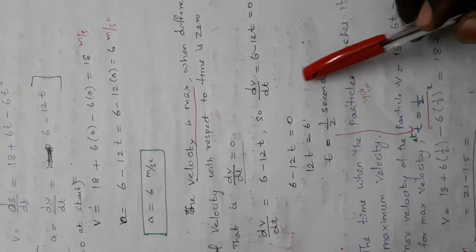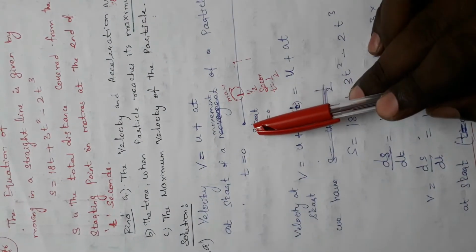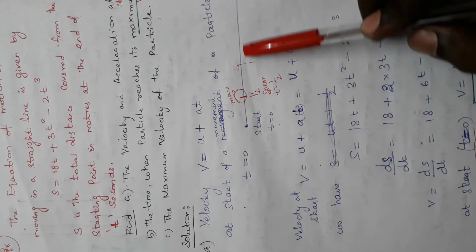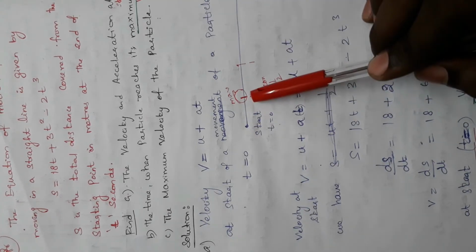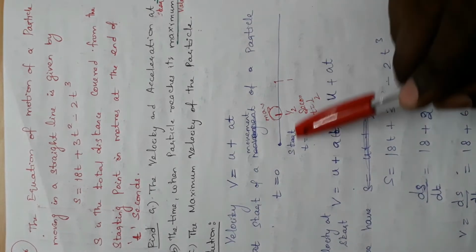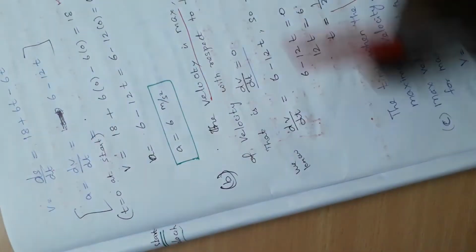What this means is, at half second from the start, an object or cycle starts from here and travels half second, 1 second, 2 seconds, etc. At half second from the start it reaches the maximum velocity.